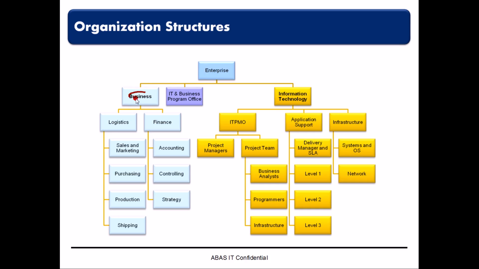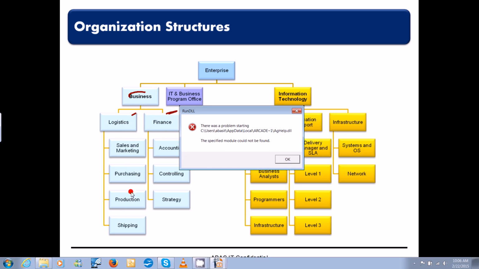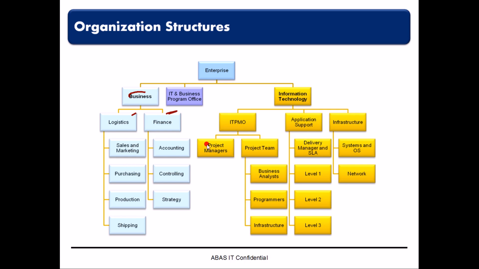It has its own customer base, and it has logistics, and it also has finance. Within logistics, as I said, it has sales and marketing, purchasing, production, shipping. And from finance, you have accounting, controlling, then strategy.